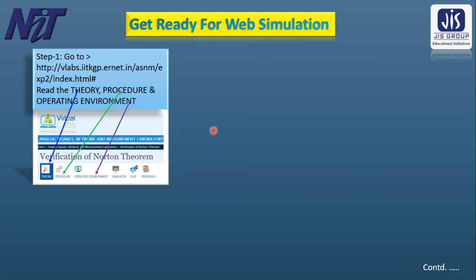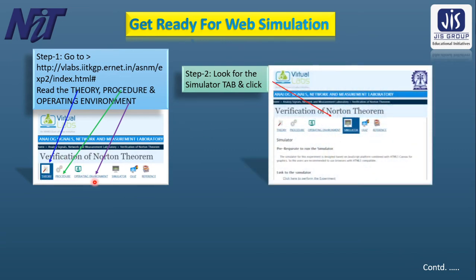And then step 2 will be, after reading all this procedure and theory part, you will click on this simulation tab and then you will get this window, and there is a link given to you. You have to click there and you will go to the simulation page directly.